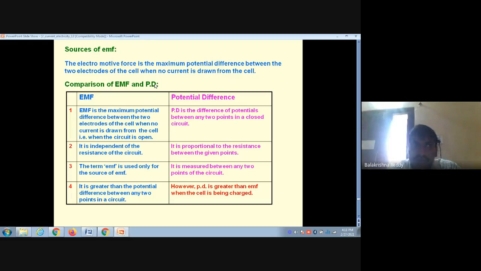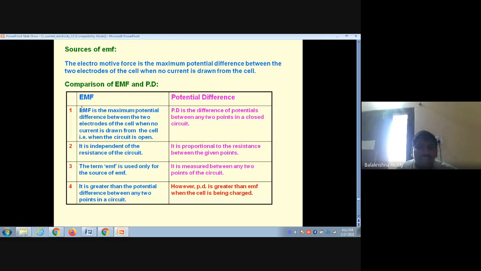When you take current from the external circuit, the current flows through the wire, and some amount of resistance acts. So the supplied current cannot be used completely; some of it goes to overcome the resistance, right?